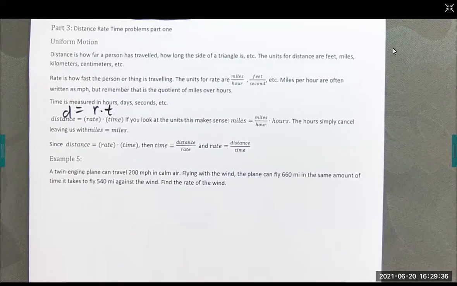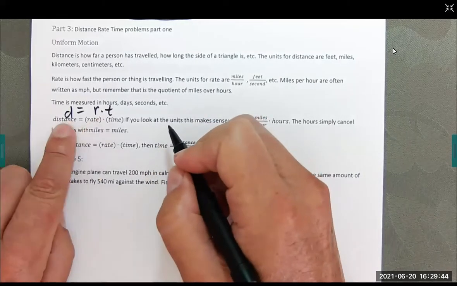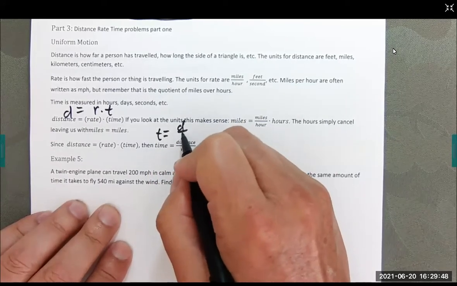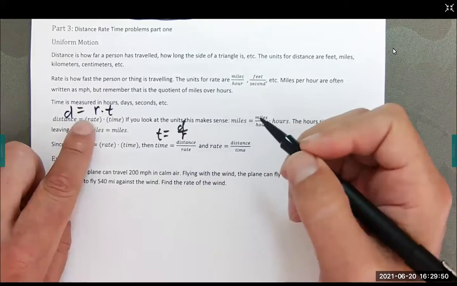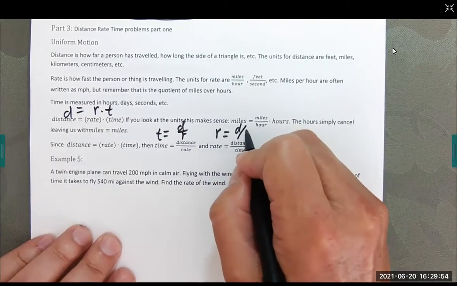And the cool thing is we actually have two more ways of writing the same formula. I could divide both sides by r and get that time is equal to the distance divided by the rate. Or I could divide both sides by the time and get that the rate is the distance over the time.